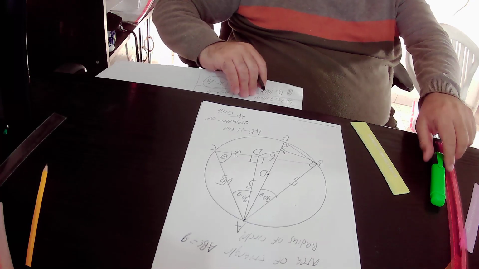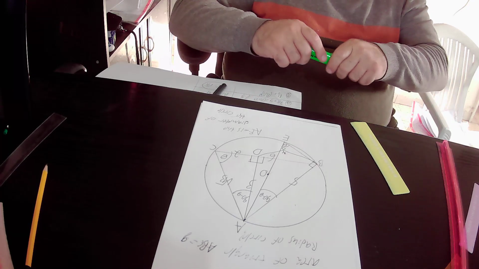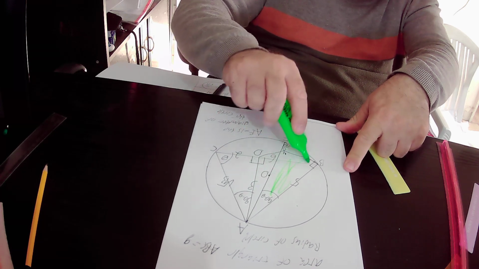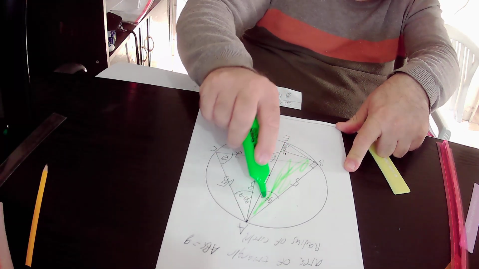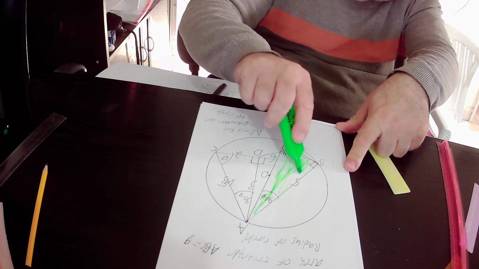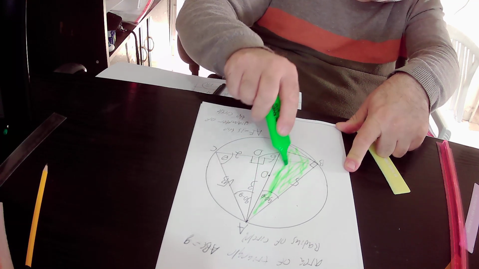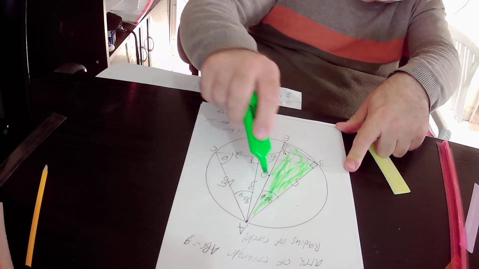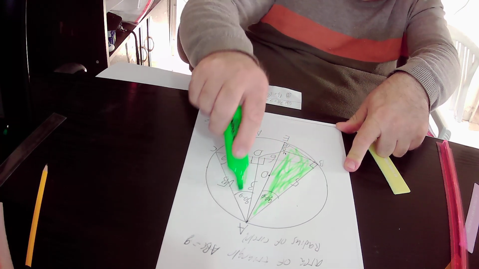So in the next step we will prove that the right triangle ABE is similar to the right triangle ADC.